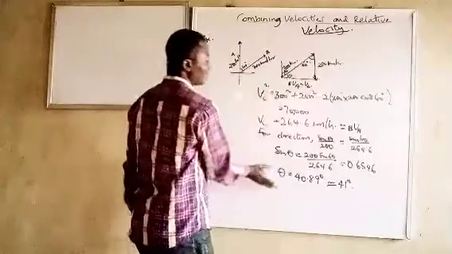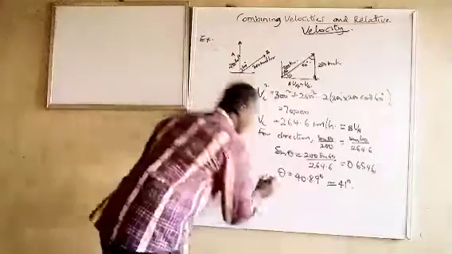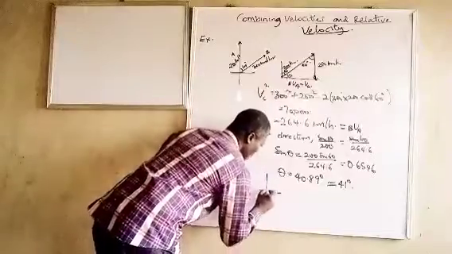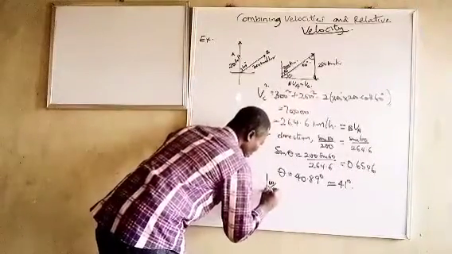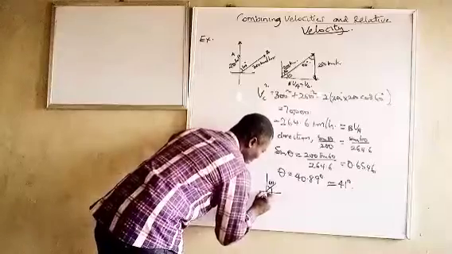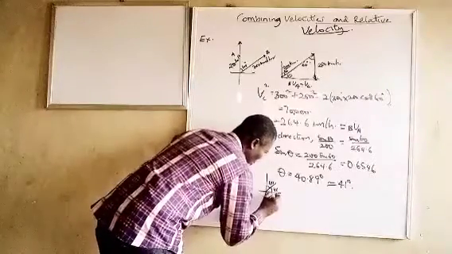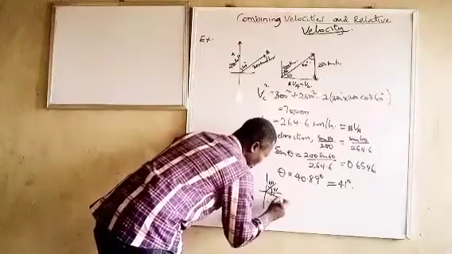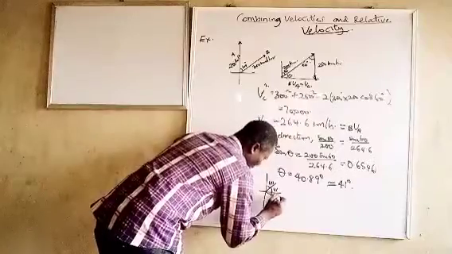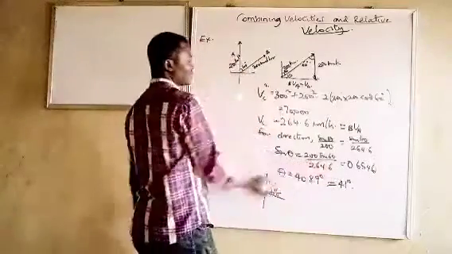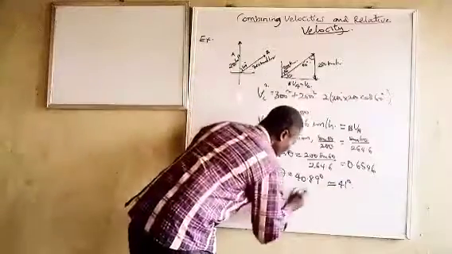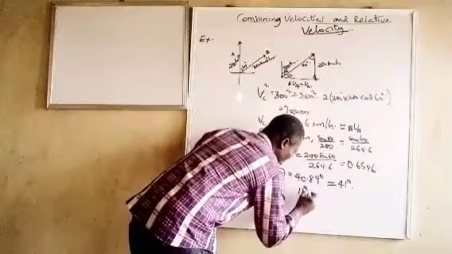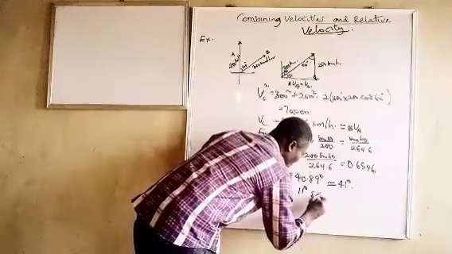So that is the direction of the relative velocity. It's 11 degrees towards the southeast.